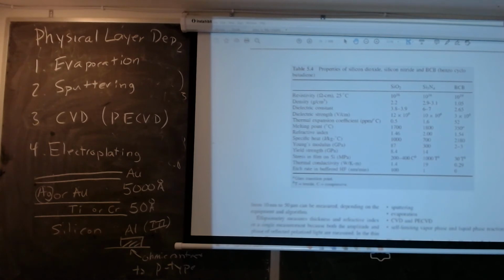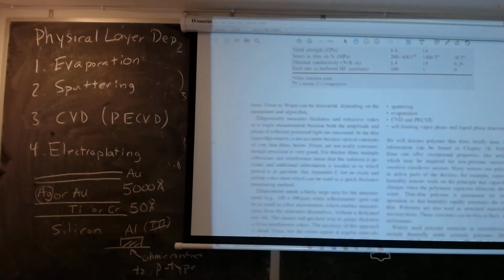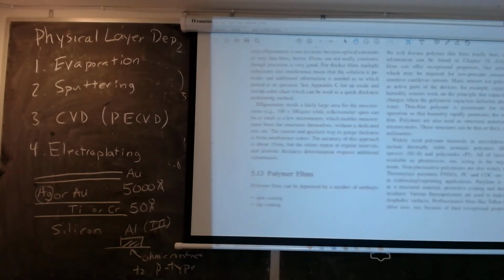And here it shows the refractive index for silicon nitride, and that is for stoichiometric silicon nitride with a 3:4 ratio. If you make it silicon rich through PECVD, you can raise that refractive index to about 2.8, really, almost. And beyond that, I don't want you to worry about this too much.